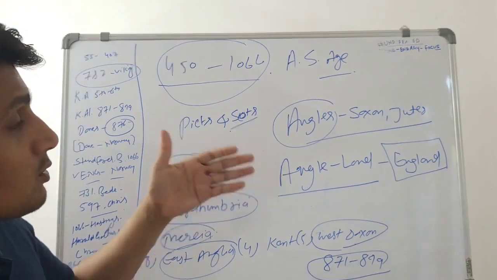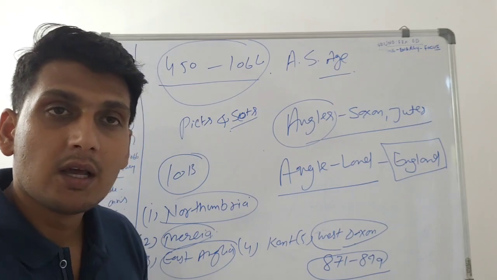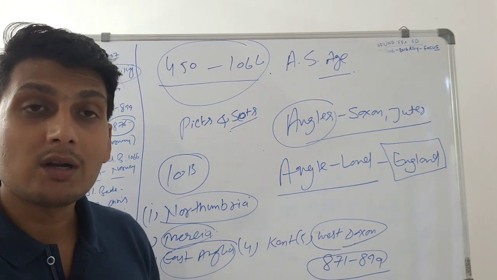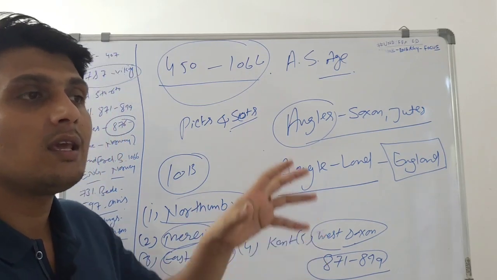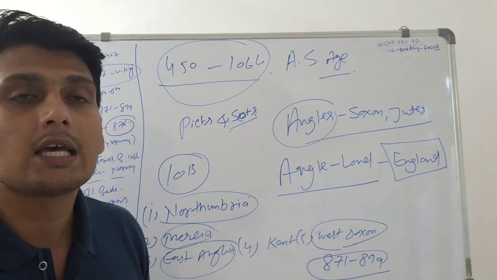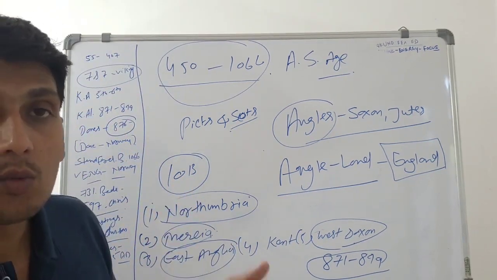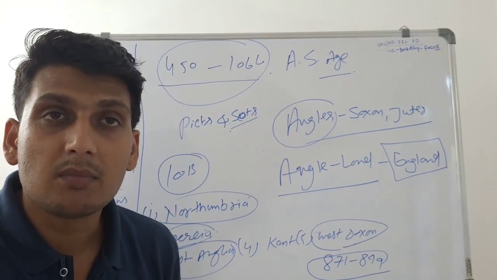As the Anglo-Saxon age came to its last point, when the king of Normandy, William, conquered England, he was given the title of the Anglo-Saxon king as well, because not the entire nation was under the hold of the Danish people.